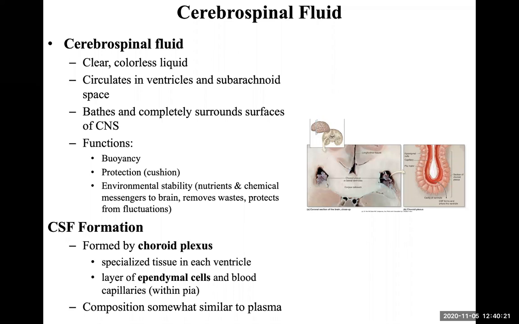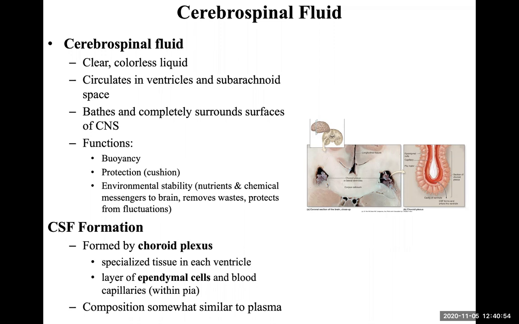The cerebrospinal fluid also helps to create environmental stability for the central nervous system. So it plays a role in helping to regulate temperature, to provide nutrients, not just to the brain but to the central nervous system tissue, to remove waste products, and to allow for chemical messengers, various types of chemokines and even neurotransmitters in the synaptic cleft.